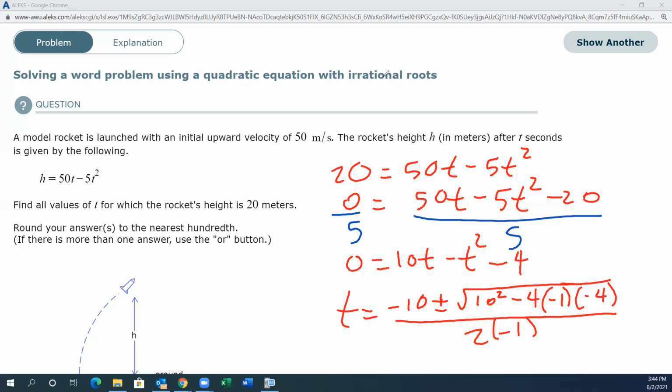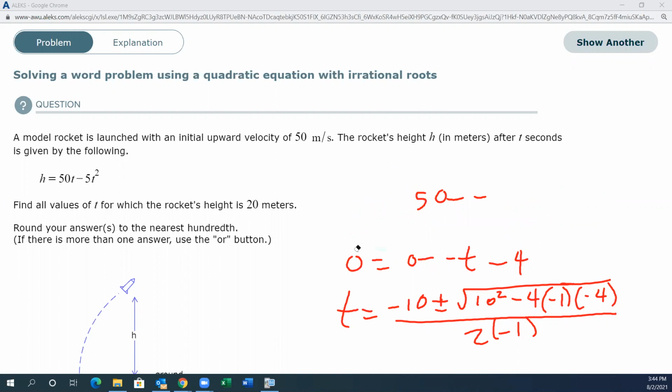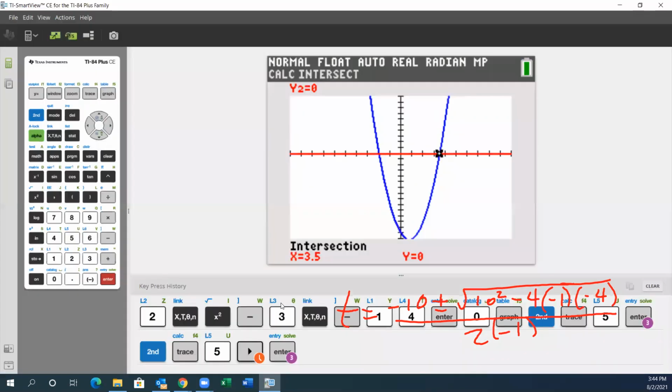Okay, I'm going to get rid of all this because I'm going to go to the calculator now and wrap it up that way. So let's go to the calculator.